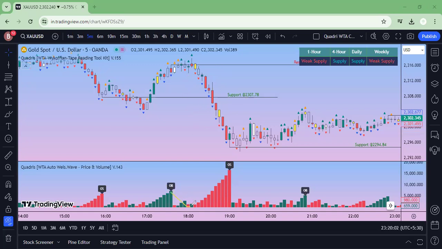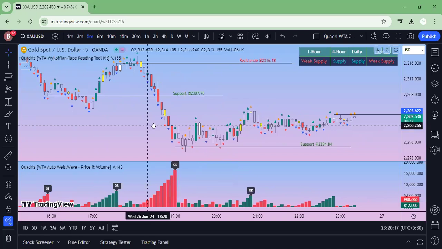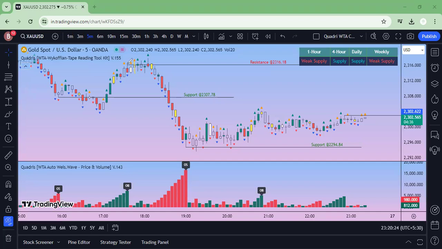Along with this, you can see demand is getting exhausted as we are approaching this particular level. This resistance was plotted when price was trading on this bar. So there is only one bar delay. This level was plotted.